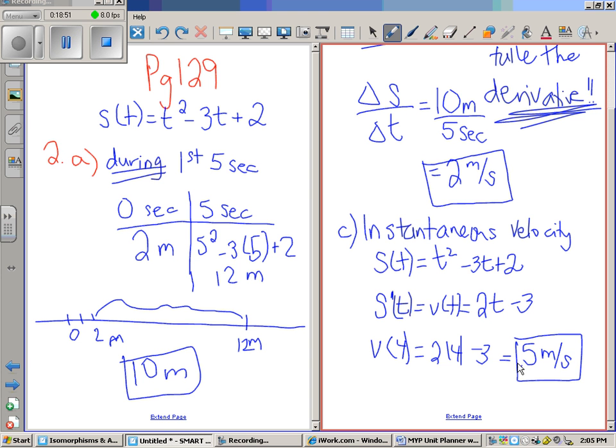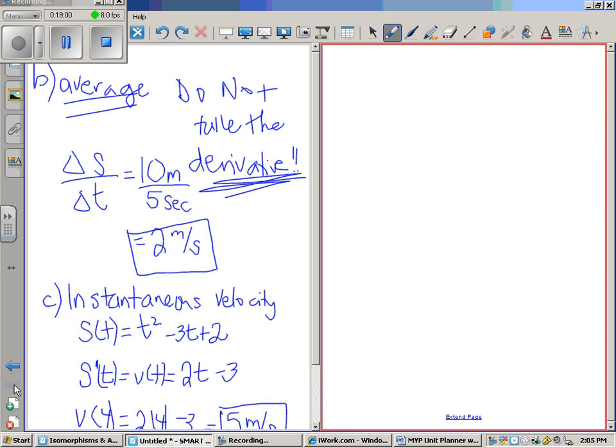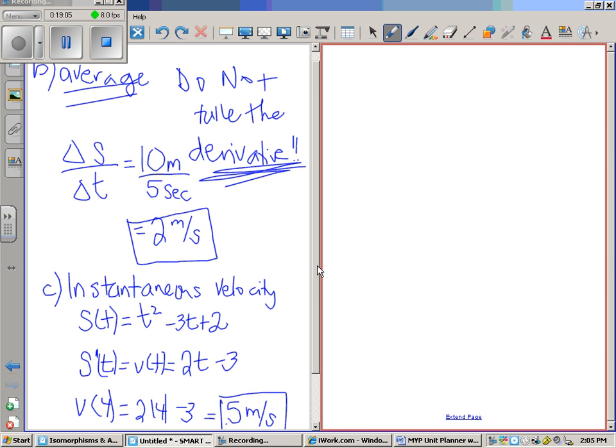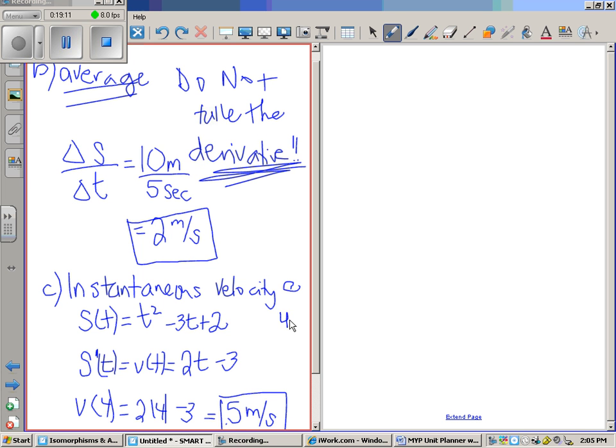And here I'm at 4 seconds in that interval, and my velocity is over double that. So that thing is really moving at that point. All right, so we have both the average velocity over a period of time and the instantaneous velocity at 4 seconds.